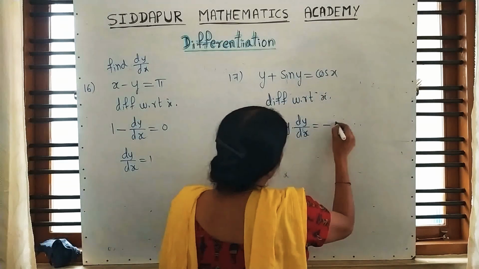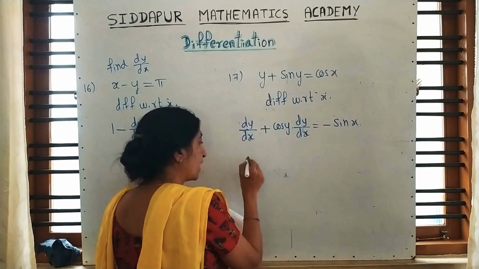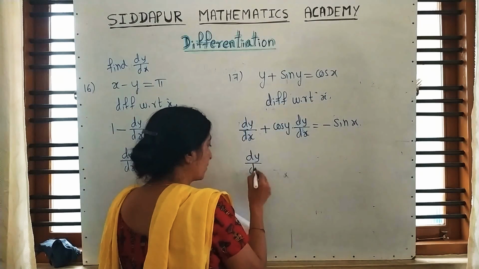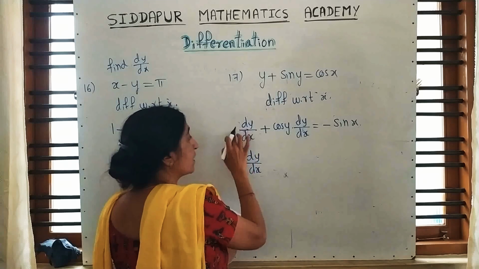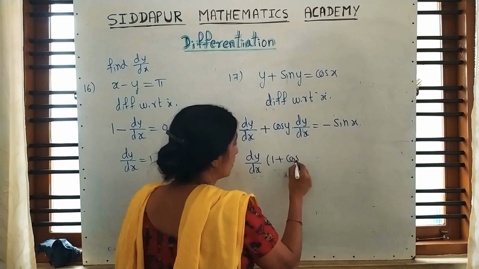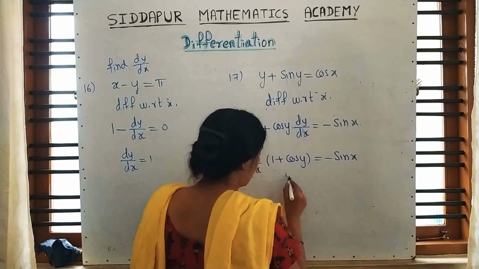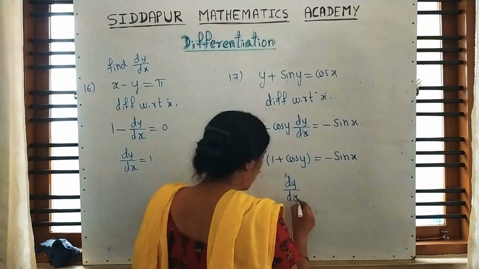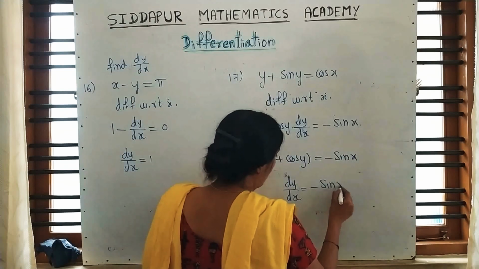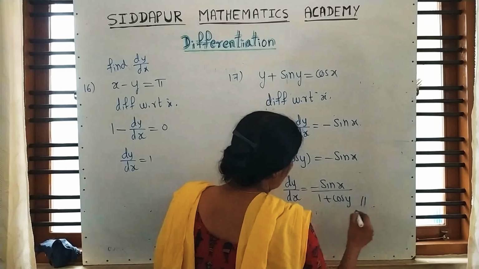Differentiation of cos x is minus sin x. On the left side take dy upon dx common. What is the coefficient here? There is no number, meaning 1. 1 plus cos y is equal to minus sin x. Now dy upon dx is equal to minus sin x upon 1 plus cos y.